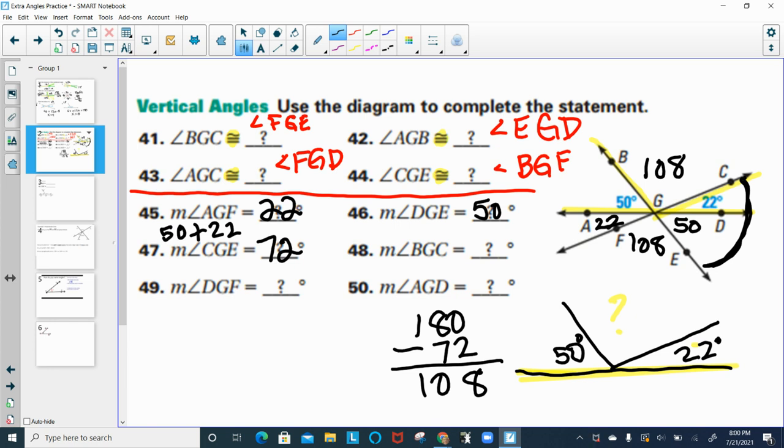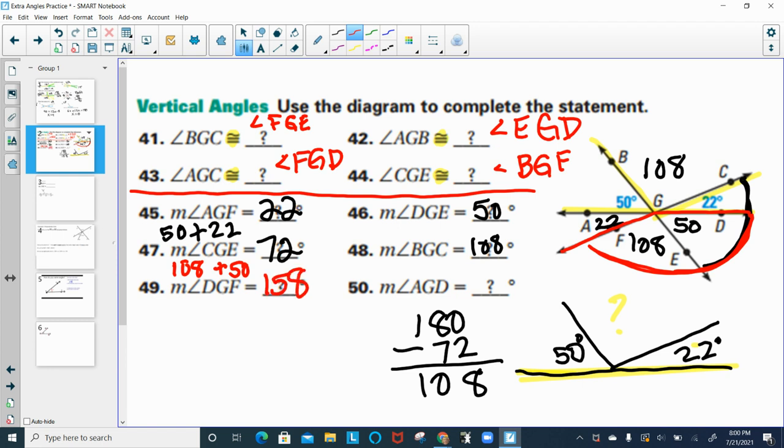Now let's look for BGC. Okay, so we already figured that out. See, that's kind of nice. We could just write 108. Let's look at DGF. Now D to G to F, let me make that red so we can see it. That's going to be all of this. So that's going to be the 108 plus the 50, which is 158.